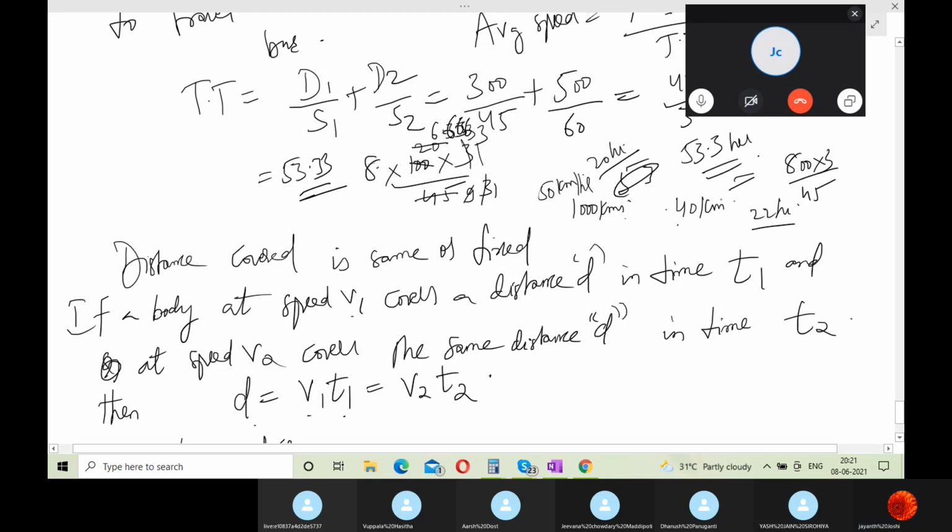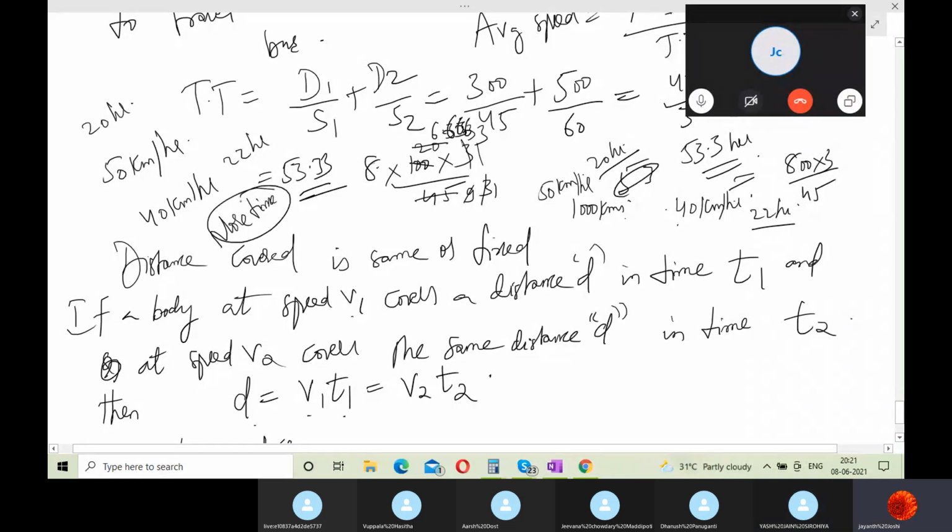See, when you are going at a speed of 50 kilometers per hour, how much time you are taking? But when you are reducing the speed, how much time you are taking? Are you taking more time or less time? More time, sir. That's it. So difference can be seen.